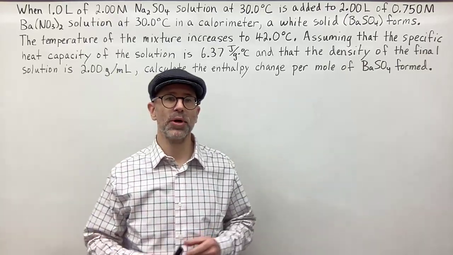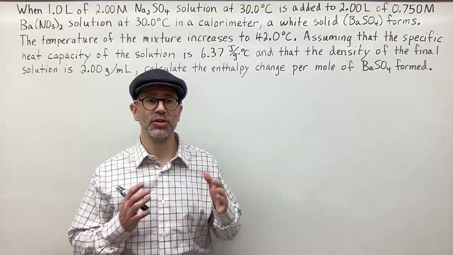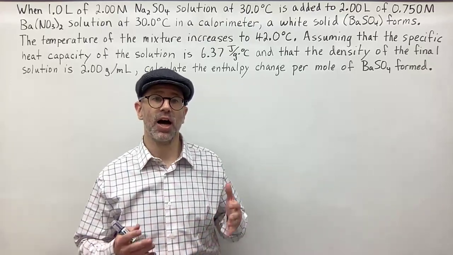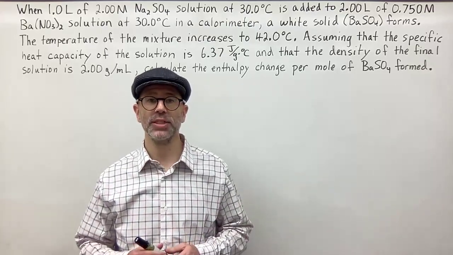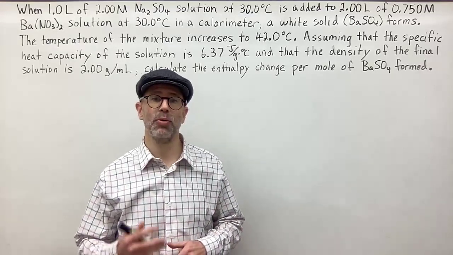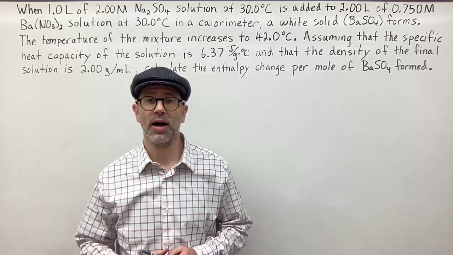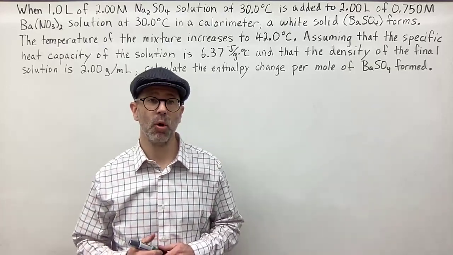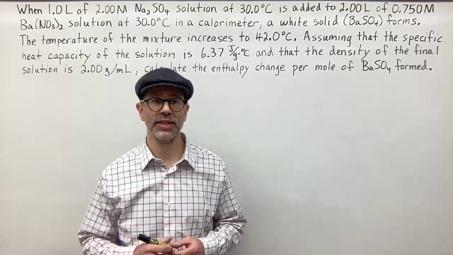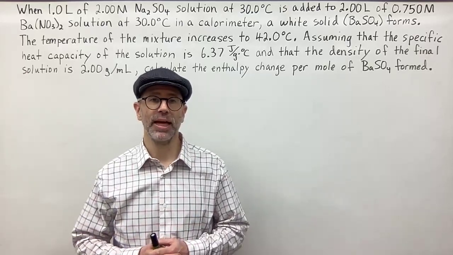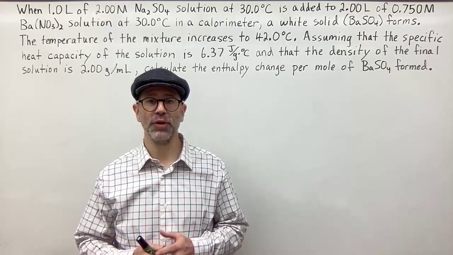So when 1.0 liter of a 2.00 molar solution of sodium sulfate at 30.0 degrees Celsius is added to 2 liters of 0.750 molar barium nitrate solution at 30 degrees Celsius in a calorimeter, a white solid, barium sulfate, forms.